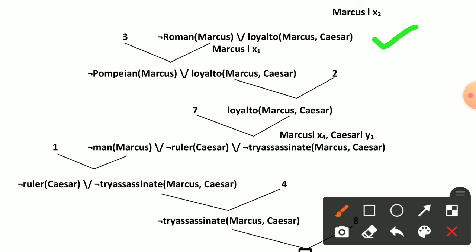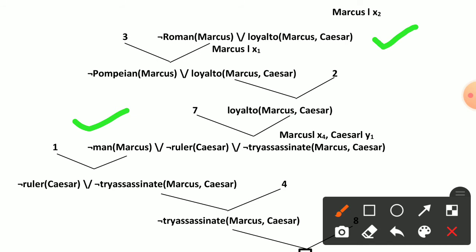Okay, it is the second step. Next is loyal to Marcus comma Caesar. Then next is not man Marcus or not ruler Caesar or not try assassinate Marcus comma Caesar.